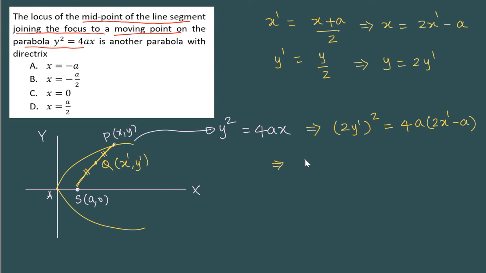Here we have 4y prime square equal to 4a into 2x prime minus a. Now understand this: x prime, y prime can be replaced with x and y. So we are now forgetting the given parabola and moving to a new parabola. How does the new parabola look?